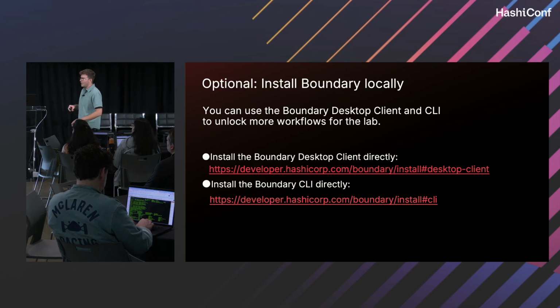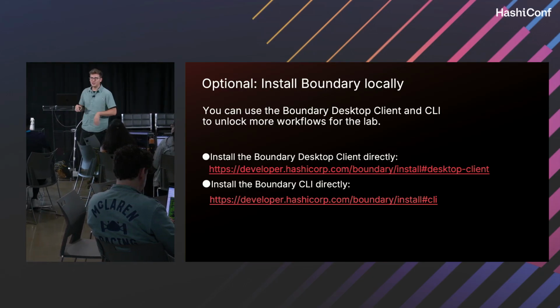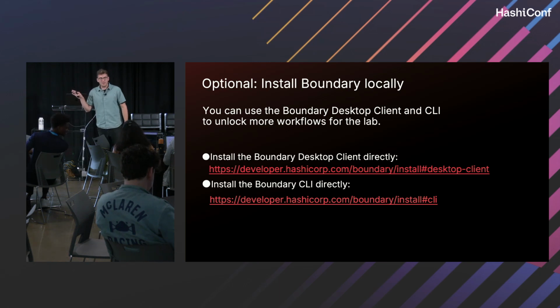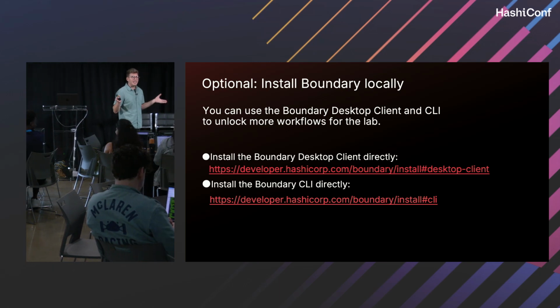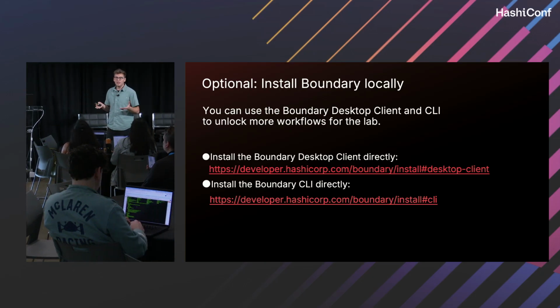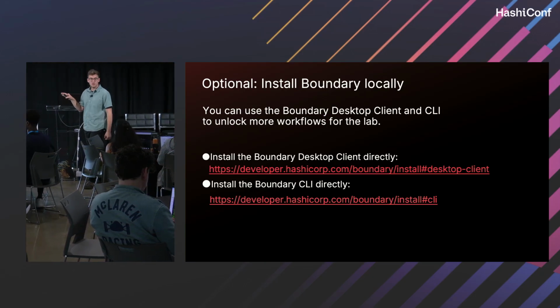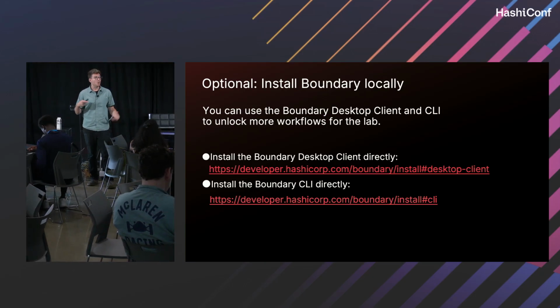So, as was mentioned at the beginning of the session, Wi-Fi is a little limited at the conference, as you're probably noticing. So you don't have to do this. The sandbox environment has everything you need in it. However, if you do want to unlock a couple other additional pretty neat workflows for Boundary, you are welcome to go ahead and install a couple of these tools on your local machine if you want to try them out.